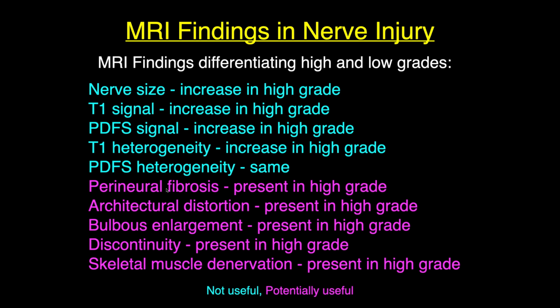So typically these last four findings increase the possibility that surgical intervention may be helpful in the patients. Whereas if all you see are the upper five, you may have an abnormality of the nerve, but this doesn't correlate well with whether surgery will be helpful or not.